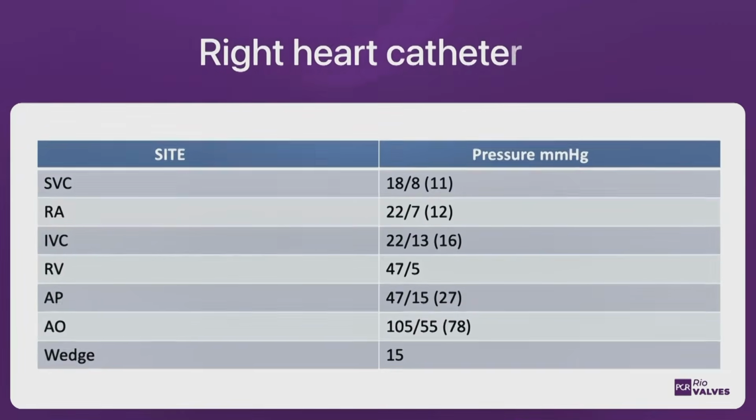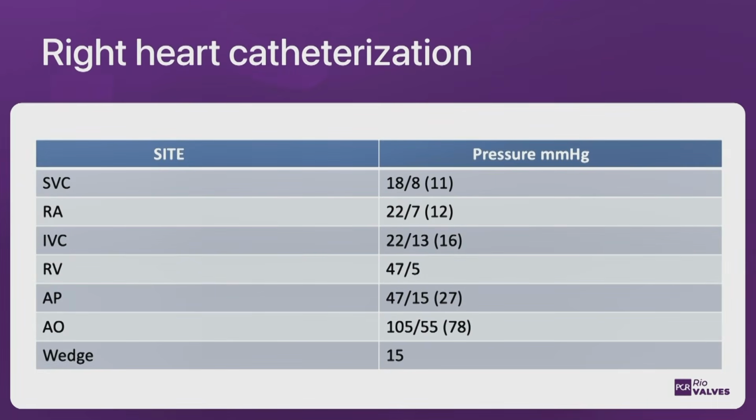Regarding the right heart catheterization, you can see that the central venous pressure is around 15. The pulmonary artery pressure is around 50 with a mean pressure of 30, and the wedge is around 15.